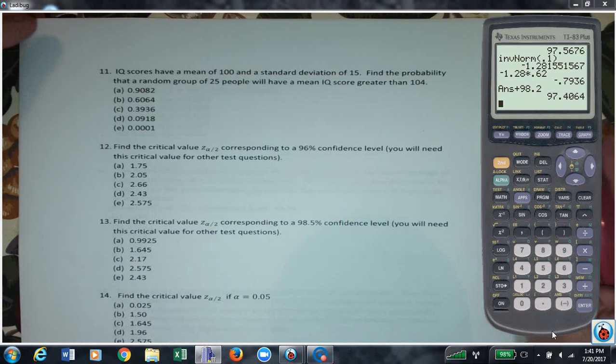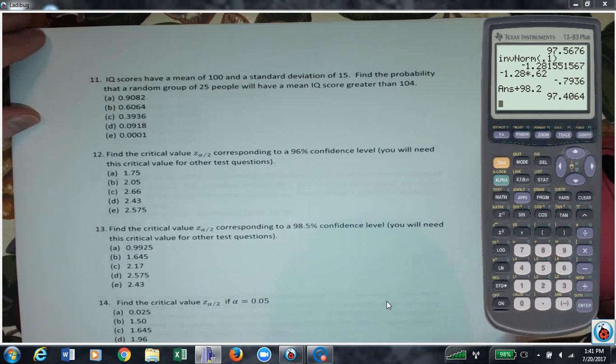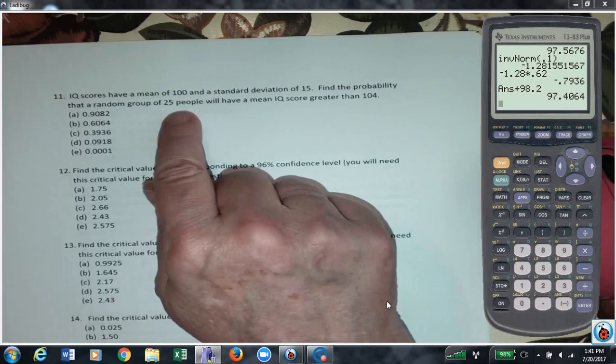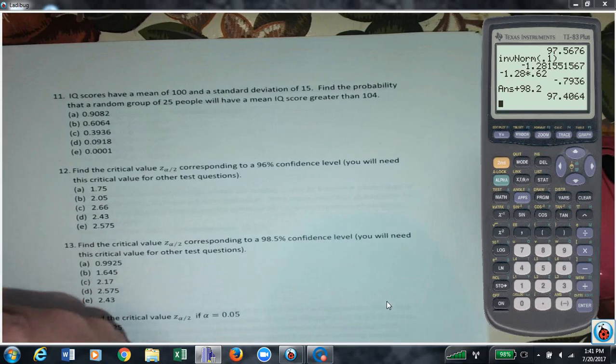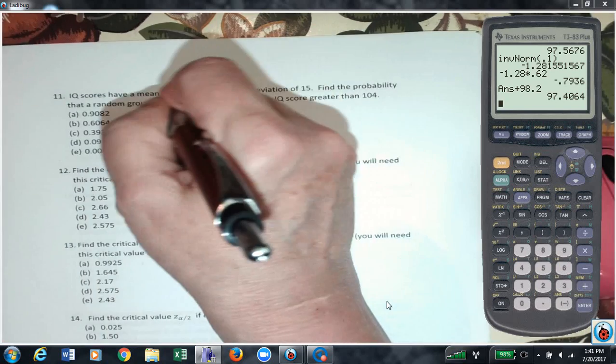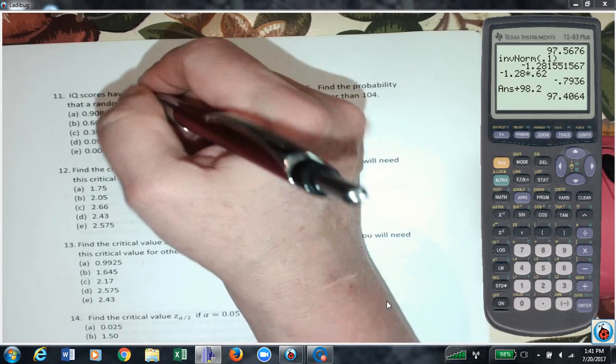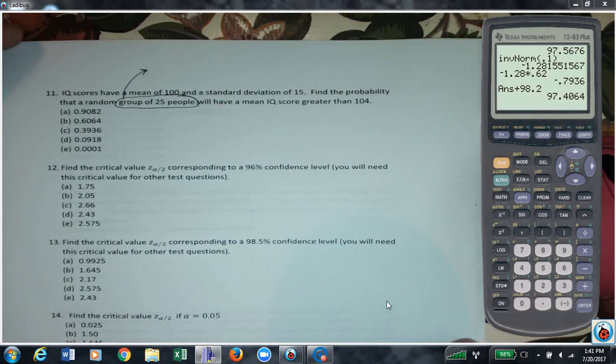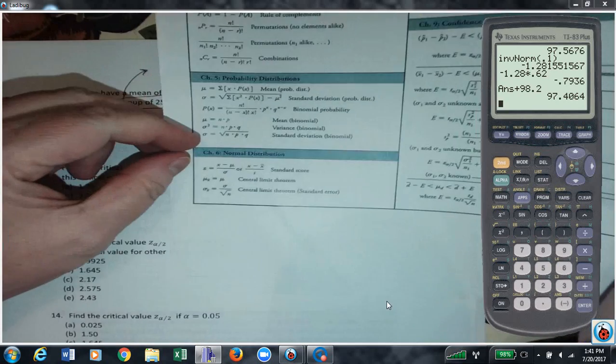Okay. IQ scores have a mean of 100 and a standard deviation of 15. Find the probability that a random group of 25 people. Well, if it's a group that I have to convert, then we do have the formula kind of halfway.